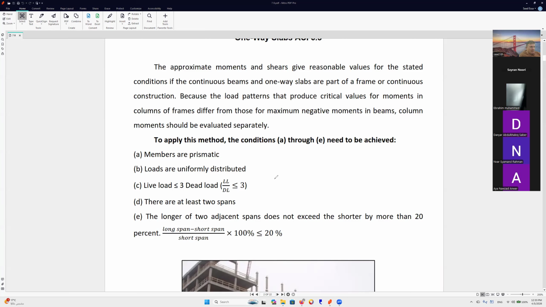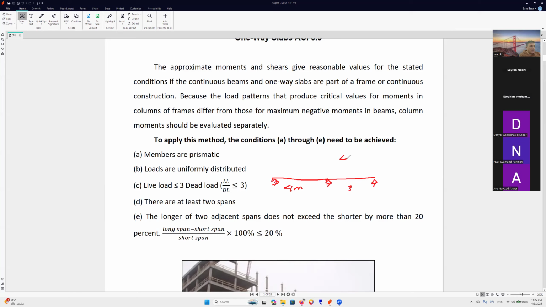For example, span number 1 is 4 meters and span number 2 is 3 meters. What's the difference?